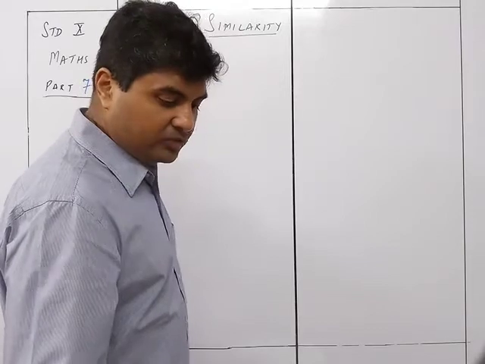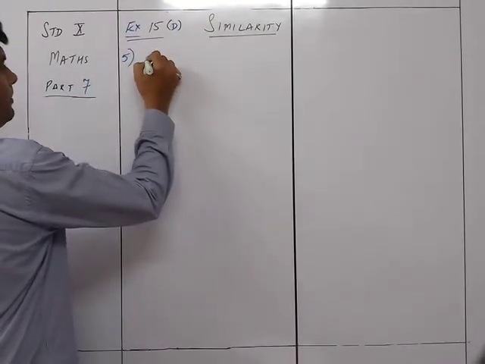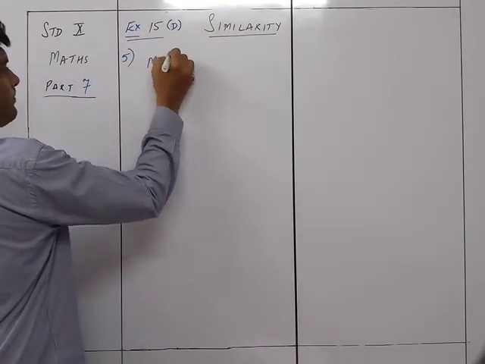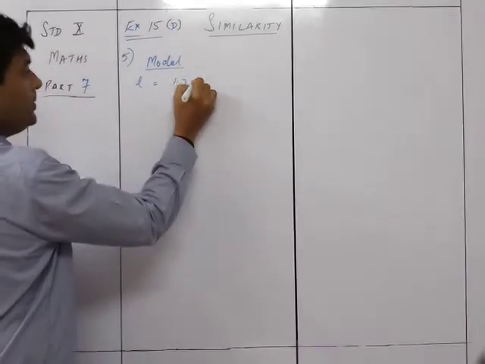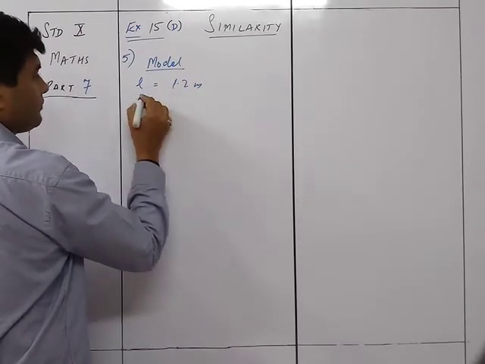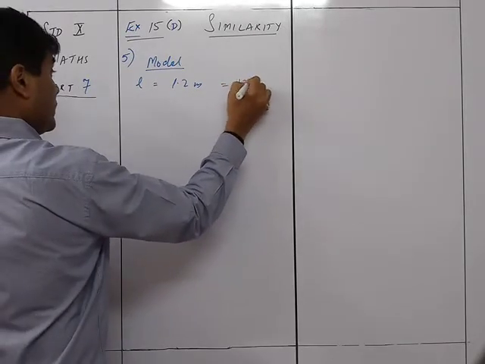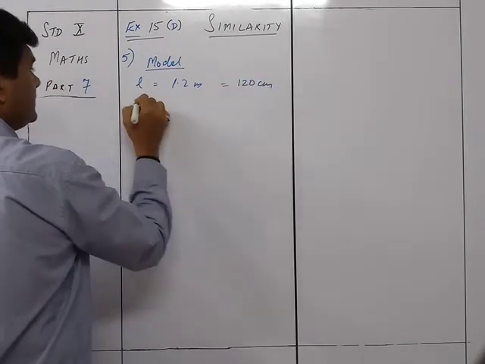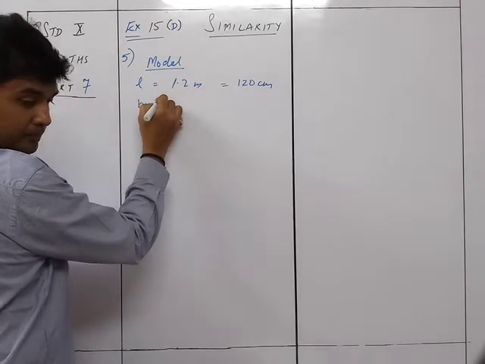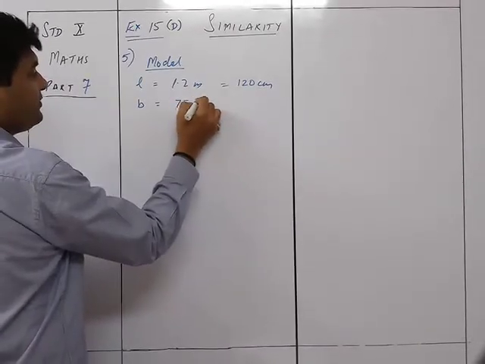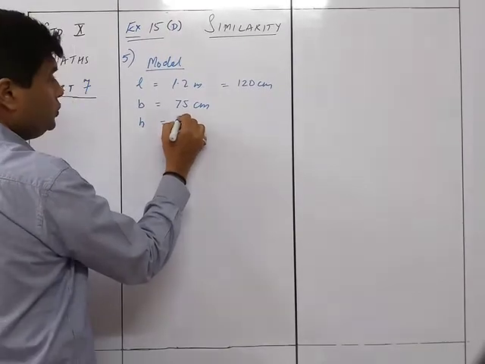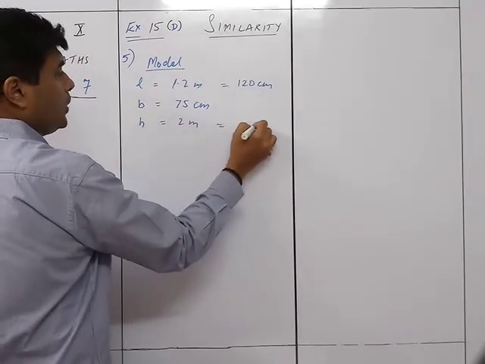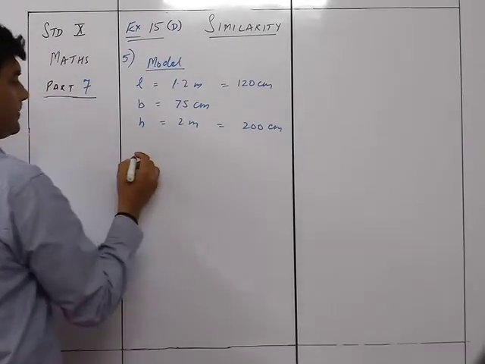If the scale factor is 1:30. So it is given that the model length is equal to 1.2 meters, which is 120 centimeters. Breadth is 75 centimeters. Height is equal to 2 meters, which is 200 centimeters.